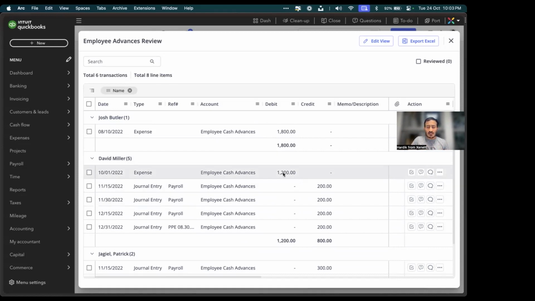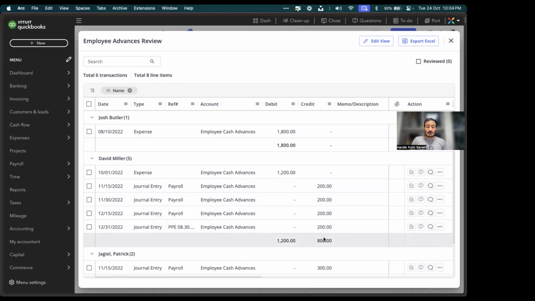I can see 1200 was given, and we've been deducting $200 from his payroll. I can see the consistency as well, like 11:15, 11:30, 12:15, 12:30. I can clearly see what was paid off and what the balance is yet, right? So that's pretty clear to me.